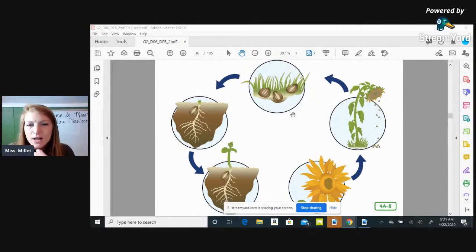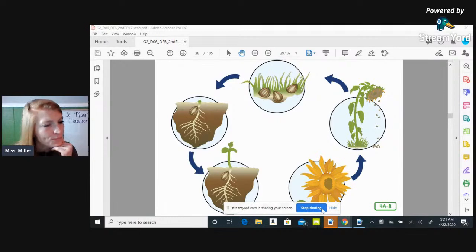The seeds are in the ground and it starts to grow, a small plant, depending on what type of flower it is. Then it grows a little bit taller, kind of like a toddler and then a teenager. And then it cycles right back around to our adult flower. So that is the life cycle of our flower.